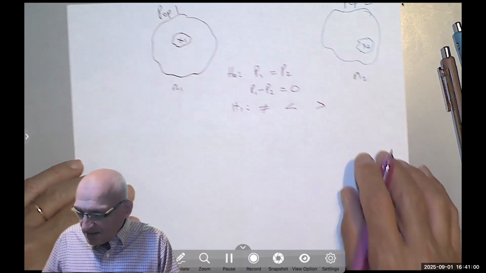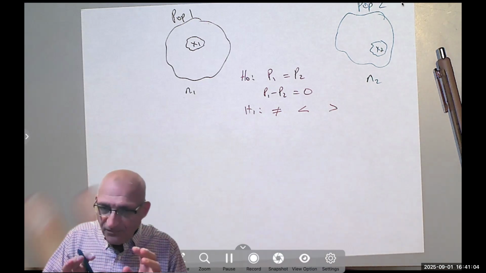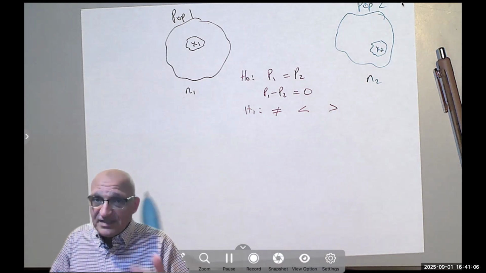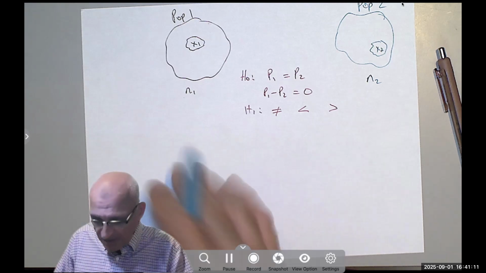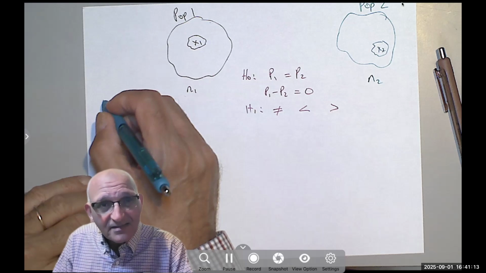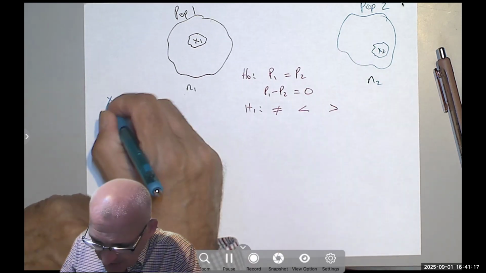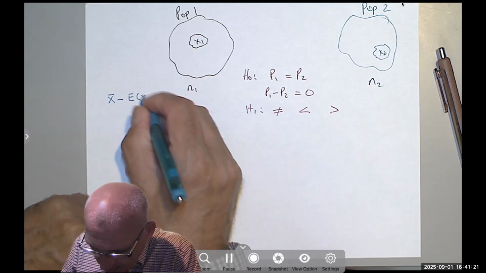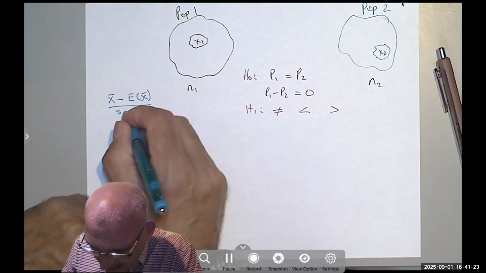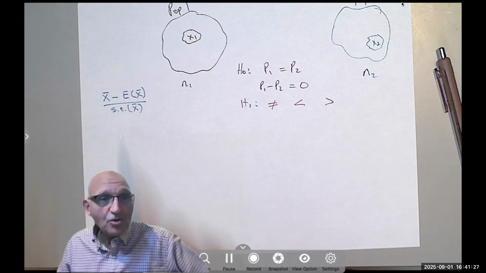But remember that whether we are finding the confidence interval or we test a hypothesis for the mean or the proportion, let's write it for the mean. So if I'm estimating mu for one population, I used to say x bar minus the expected value of x bar over the standard error of x bar. So we always do that if it's a mean or a proportion.